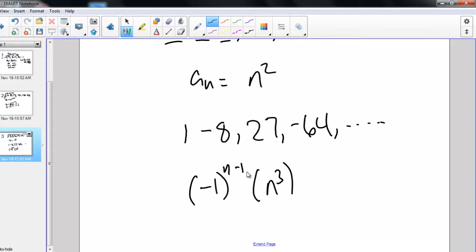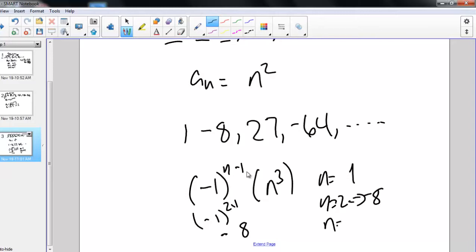When n is 1, negative 1 to the 0 is 1. This is 1. When n is 2, negative 1 to the 2 minus 1, 2 minus 1 is 1, yes? So that's going to be a negative number. 2 cubed is 8. When n is 3, 3 minus 1 is 2. Negative 1 squared is positive 1. Does that make sense?